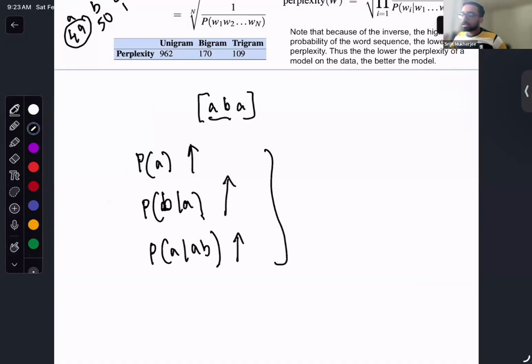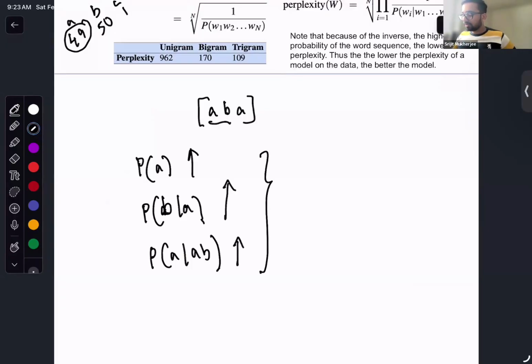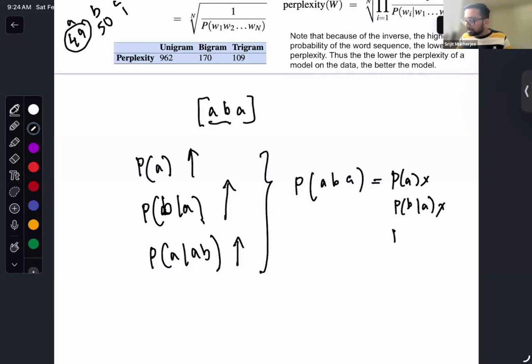In fact, if you multiply them together, so that's why you need to read about joint distribution of probability, which is a prerequisite for conditional distribution. It essentially asks: what is the probability of the entire sequence A, B, and A together? This is equivalent to the probability of first A times the probability of B given A times the probability of A given AB.